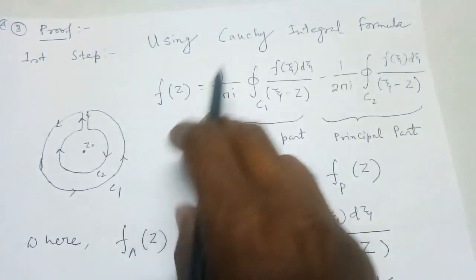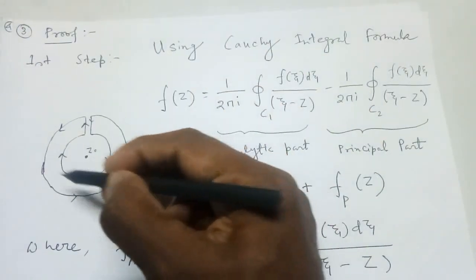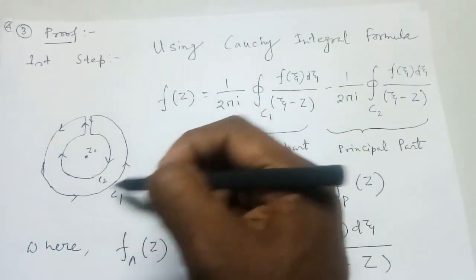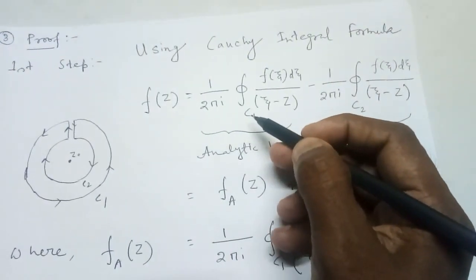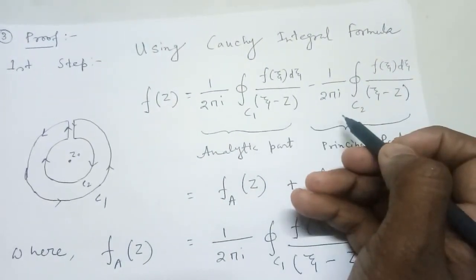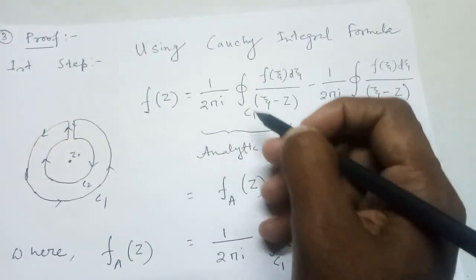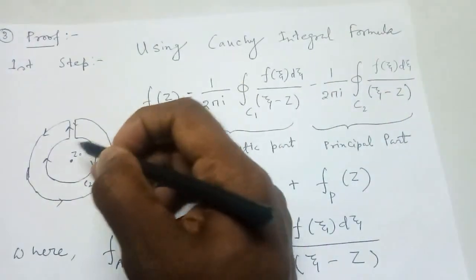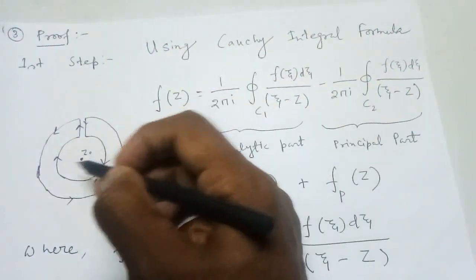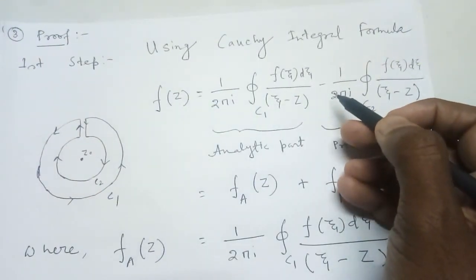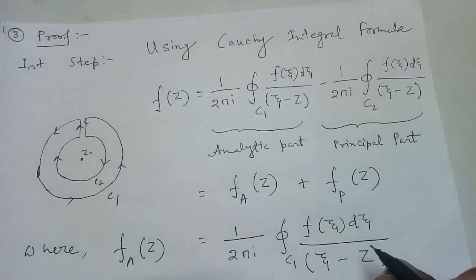Now we use Cauchy integral formula for this whole closed contour. So we write it, the C1 contour and C2 contour, in two parts using Cauchy integral formula. So over C1 contour this comes as positive, however over C2 contour this comes as negative because the sense of direction is clockwise.